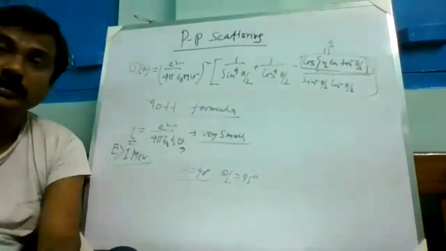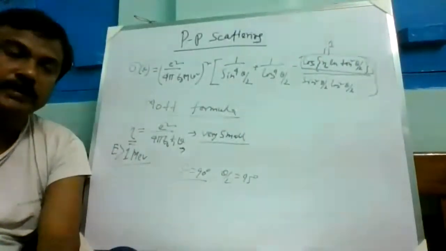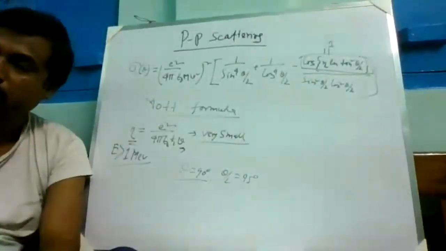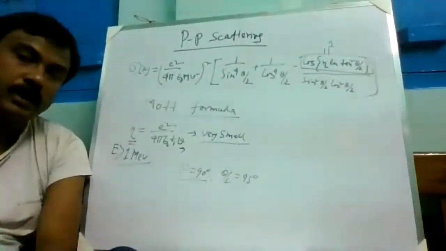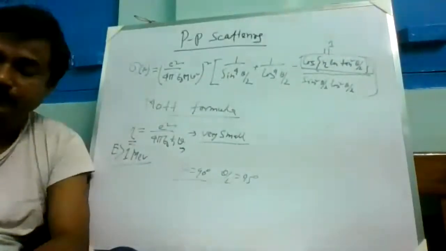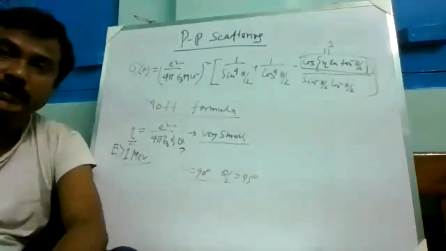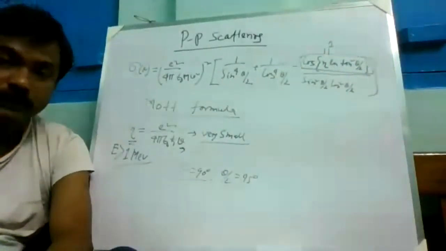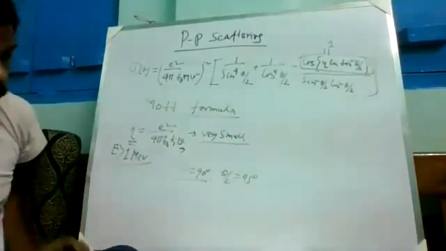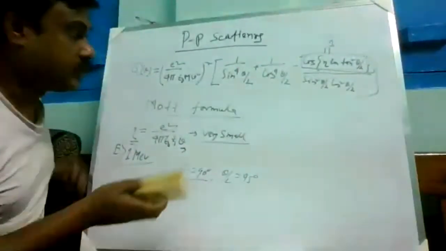Since you know that nuclear force is charge independent, that means the force between two neutrons, between two protons, between neutron and proton are of the same nature. Therefore, we can use the formula for scattering amplitude for NP scattering for the proton.